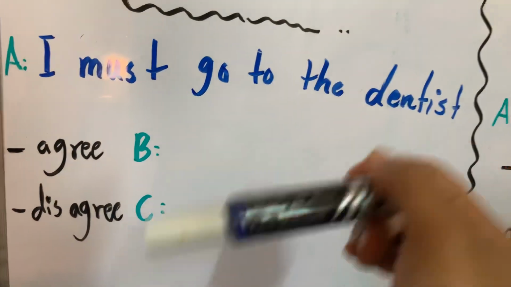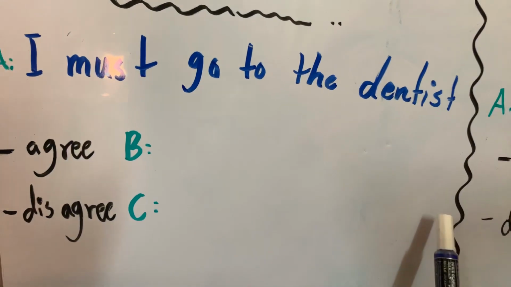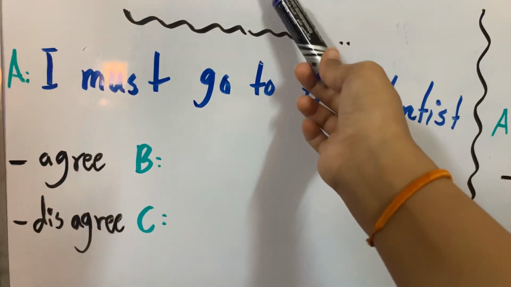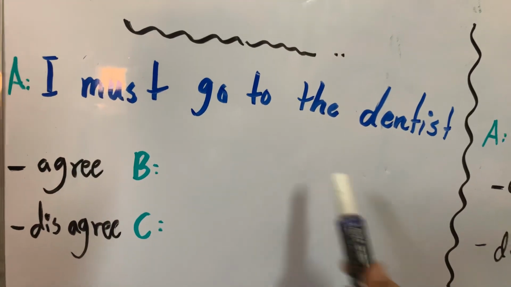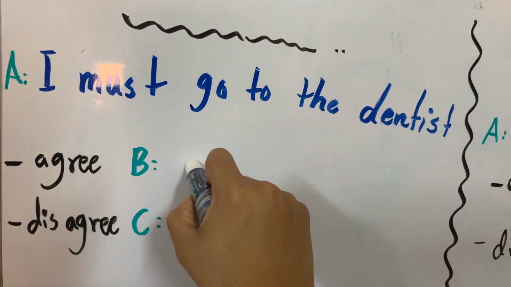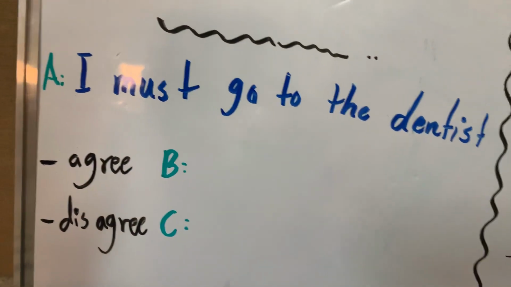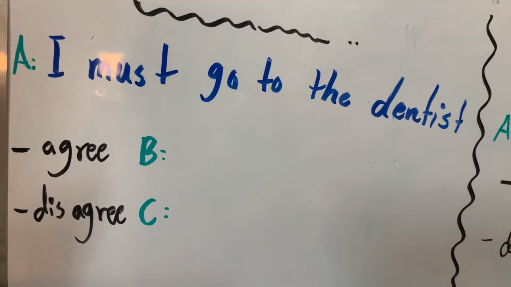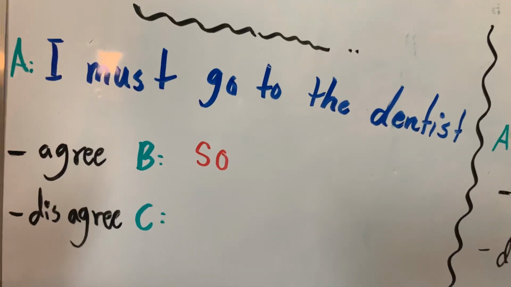So, instead of saying, also, I must go to the dentist, we can use so for abbreviation, للاختصار. He will say, so, like that. If he agrees with him, so, and then what?